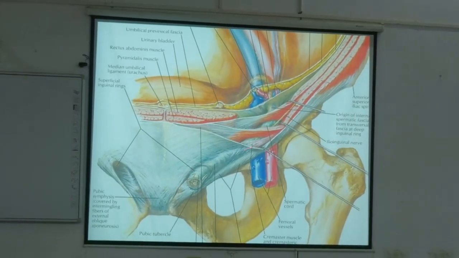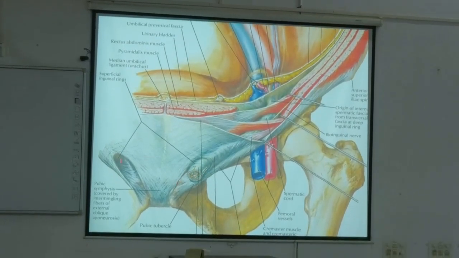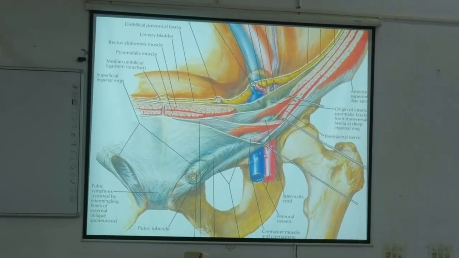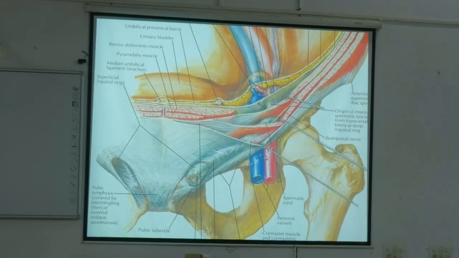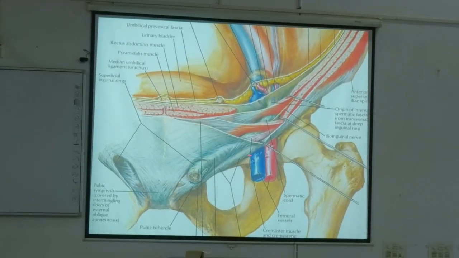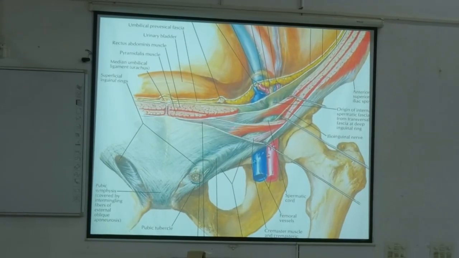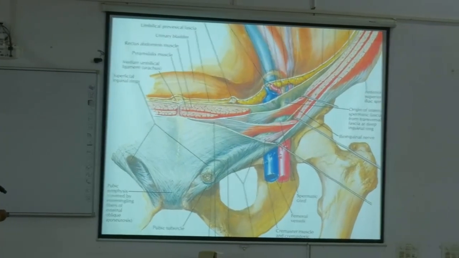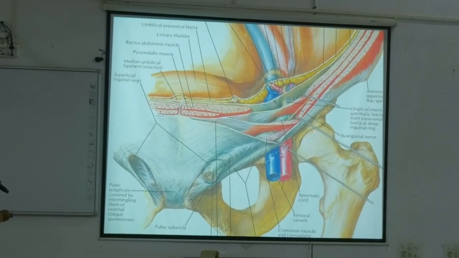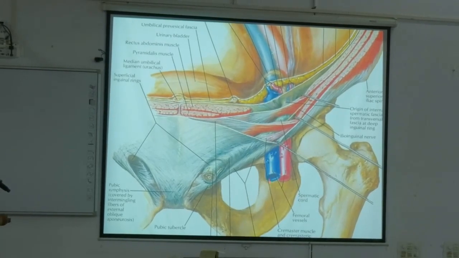Next, see, this part is the inguinal canal. Here it is coming out superficial inguinal ring, and here is the deep ring. See, this is external oblique aponeurosis forming the anterior wall. These two are the internal oblique and transversus abdominis forming the roof. Okay.